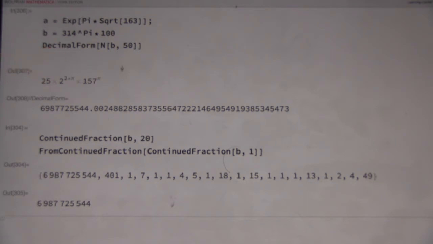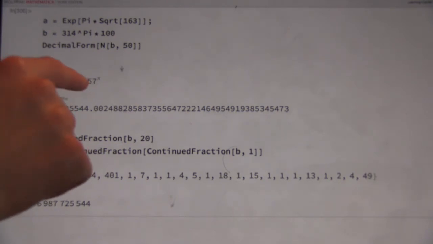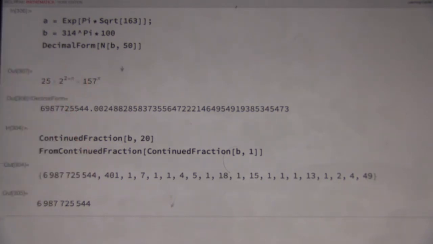Okay, so we should see 2 times 157 to the pi power. Do we see that? Well, yeah. Not really sure where this 2 comes from, though.